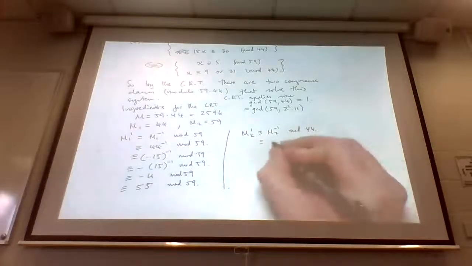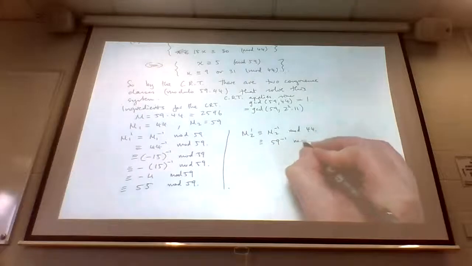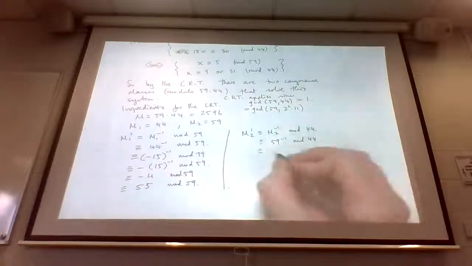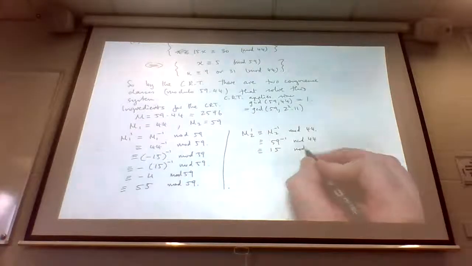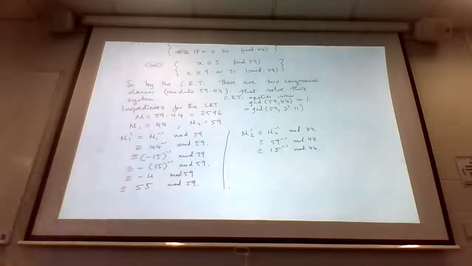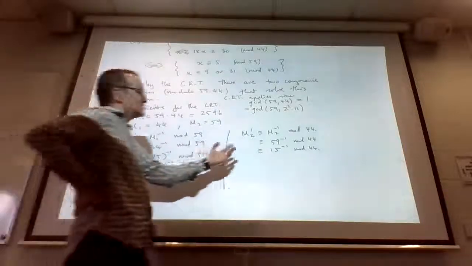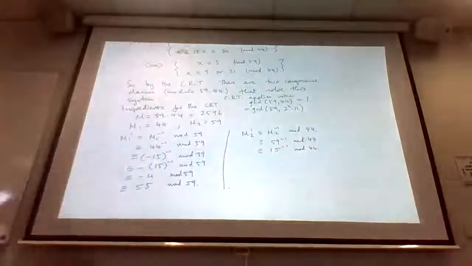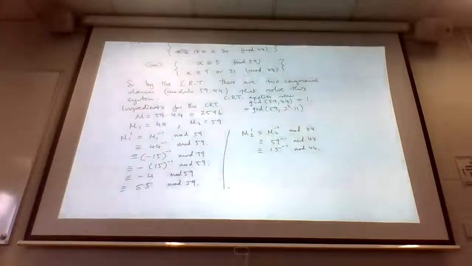So it's the multiplicative inverse of 59 modulo 44. 59 reduces to 15 modulo 44. So what's the inverse of 15 modulo 44? Can we spot this one? 3, of course. 3 times 15 is 45, and 45 is congruent to 1 modulo 44. So it's 3.